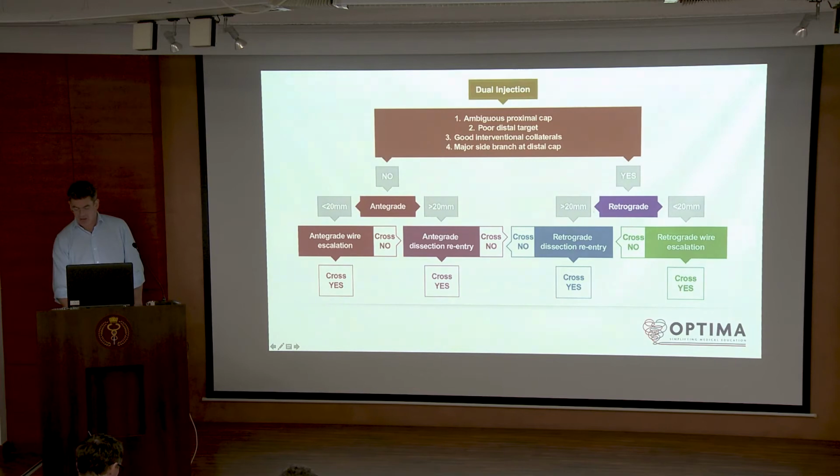And if they're short retrograde lesions, then retrograde wire escalation. If you don't cross and you don't manage to re-enter the guide, then you're going to use reverse CART technique and retrograde dissection re-entry.